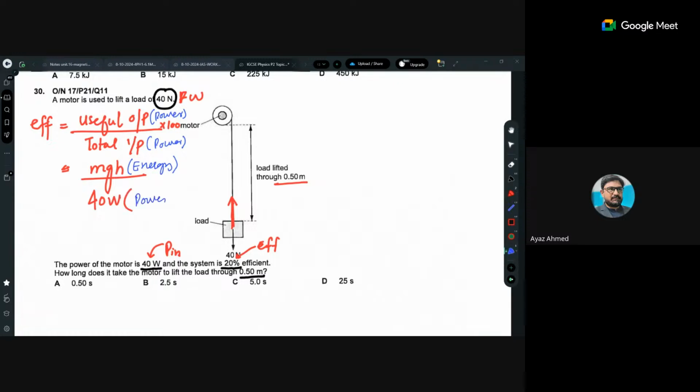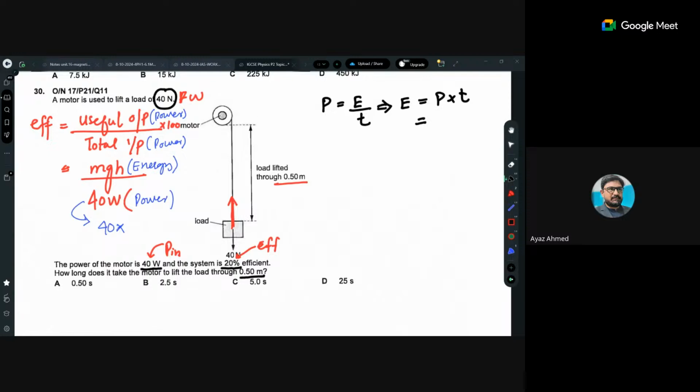So for this type of question, you have a choice. Either use this in the form of energy. So 40 watt will be multiplied by time, because what is the formula for power and energy? Power equals energy divided by time, and from here energy equals power into time.